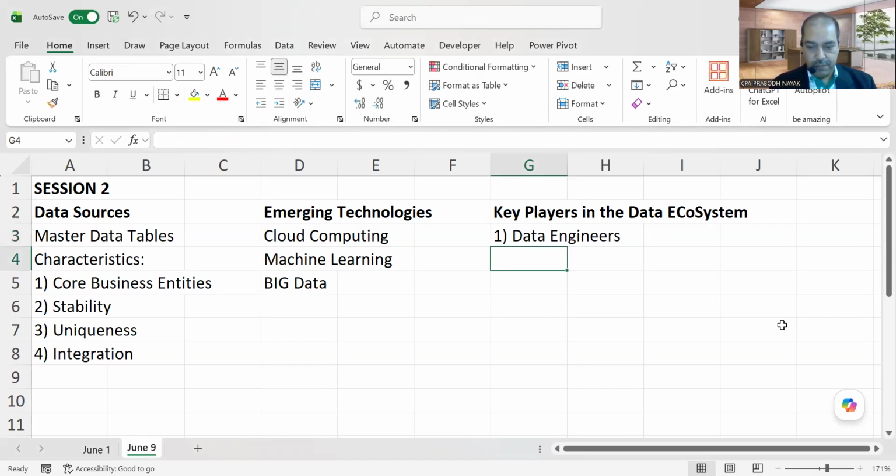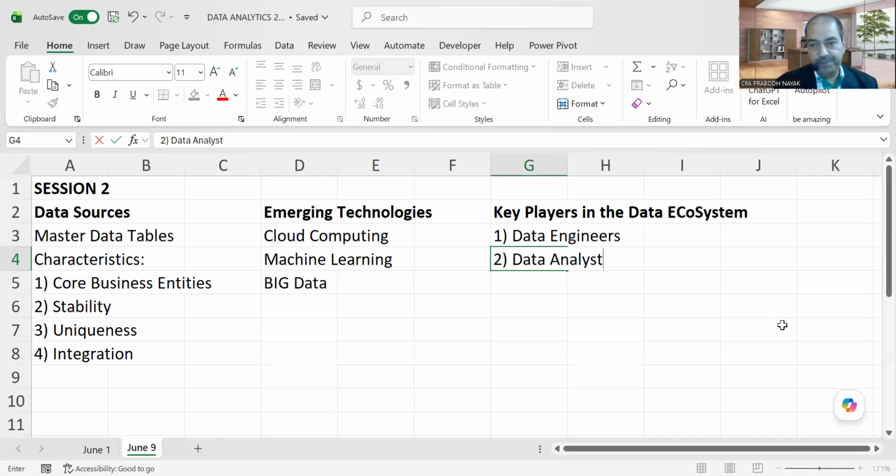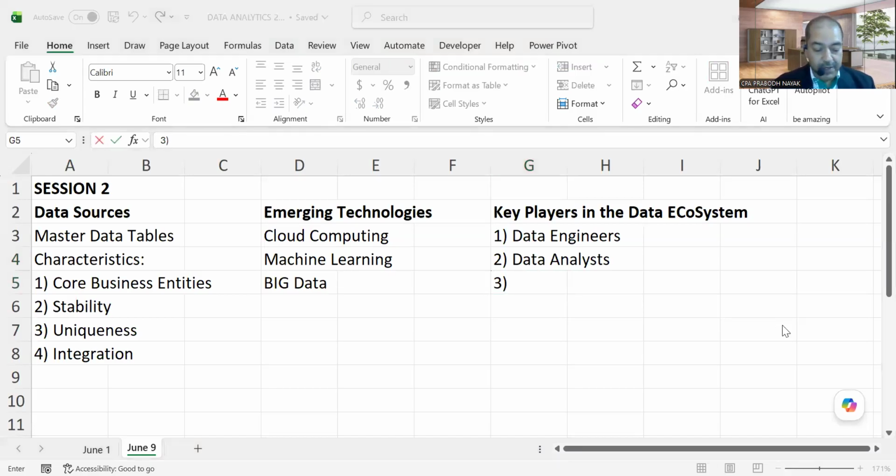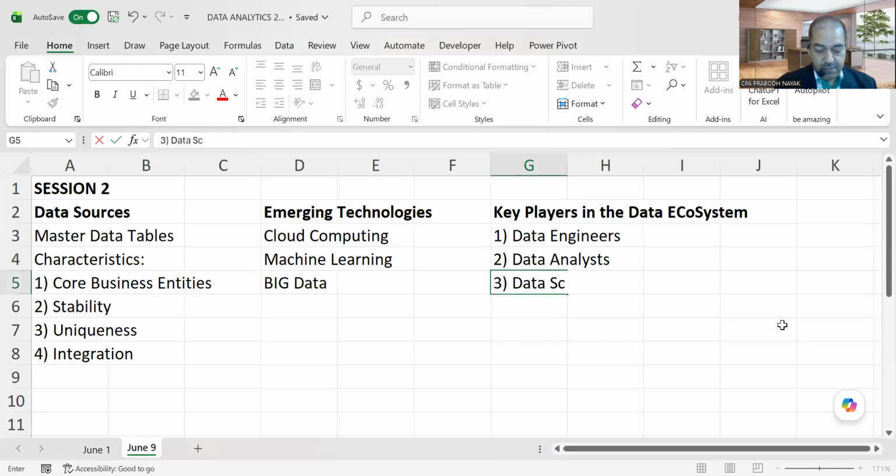Let us go in order. Second, can you tell me after data engineers whose role comes? It is data analyst. After data analyst, normally what will come? Data scientists. After data scientists, what will come?